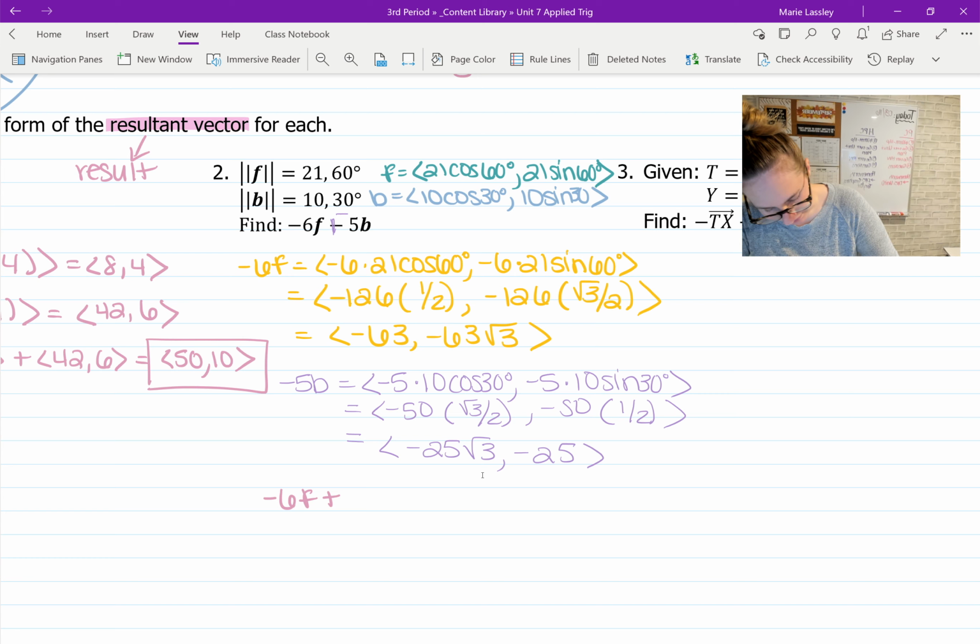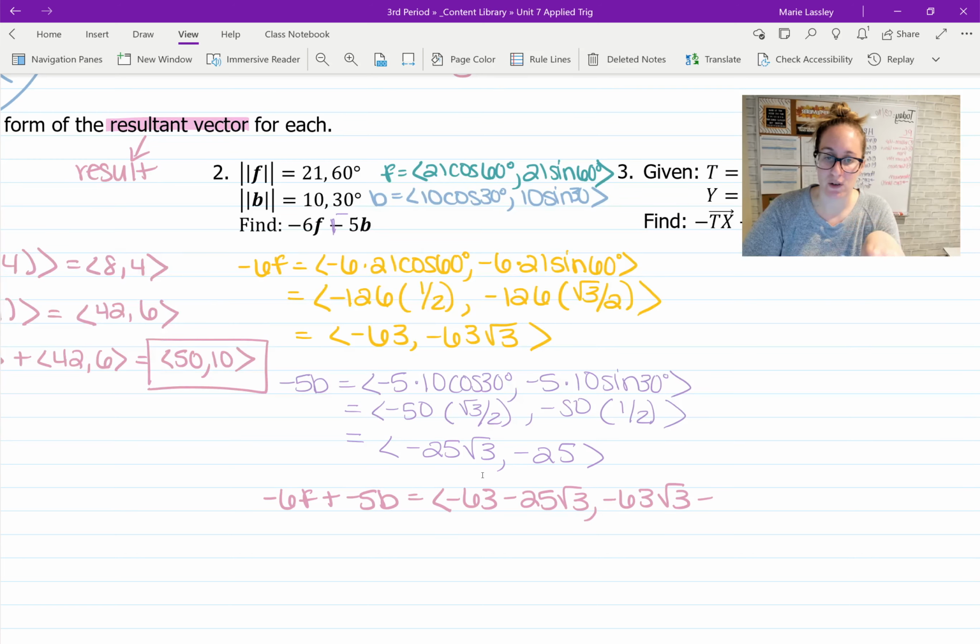You can't combine these because they're not like terms. We can't combine the negative 63 with the negative 25 √3. So this is just our answer; this is how we would leave it.